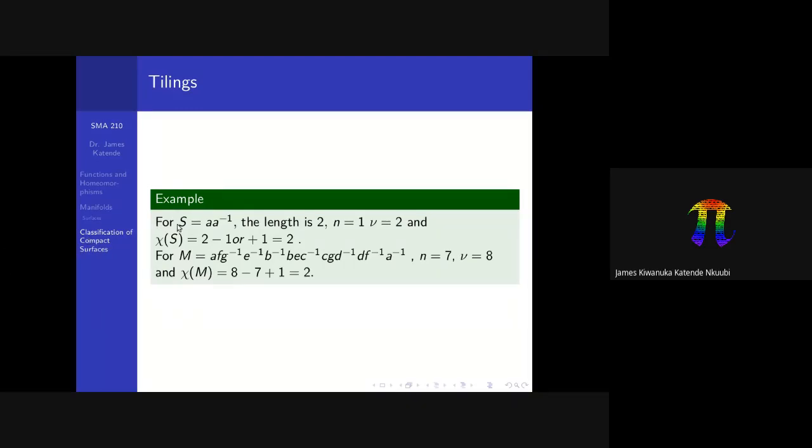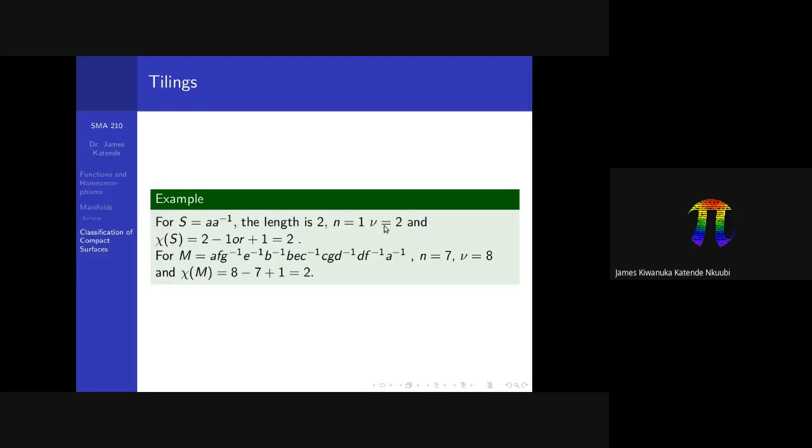If you take, for instance, the plane model for the sphere, the short one with only A and A inverse, the length of the word is 2. So there's only one pair of edges, which means the number of edges will be 1. And the number of vertices will be 2.